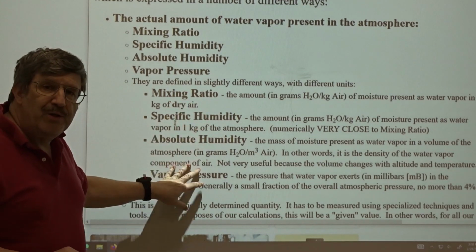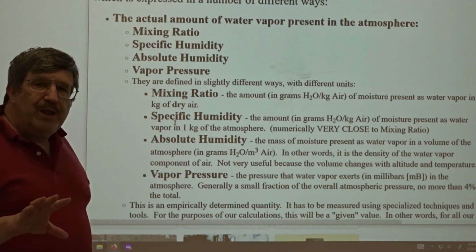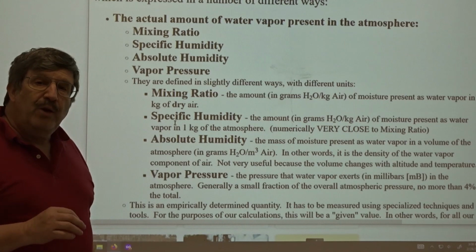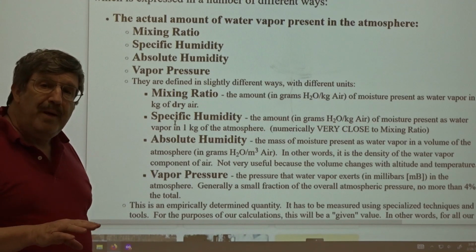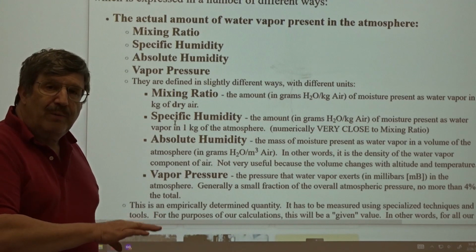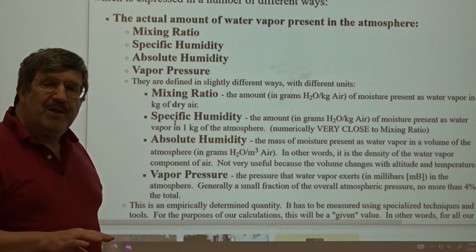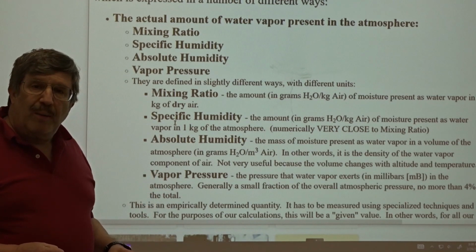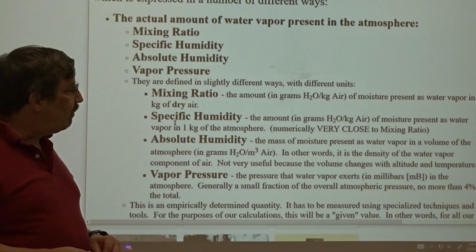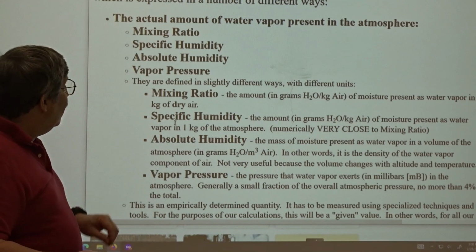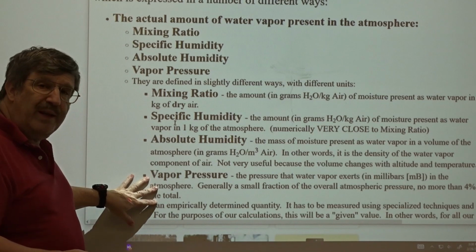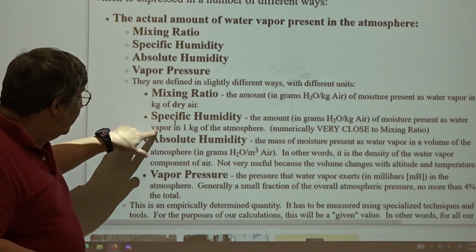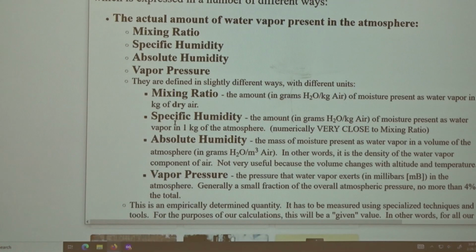This has to be measured. Generally speaking, when you're calculating relative humidity, unless you're a professional, you are not going to be asked to measure the actual amount of water vapor. That is something that will have to be given to you, presented to you in a problem. If you're asked to calculate relative humidity, you're going to be given one of these values. And again, we're going to be using the specific humidity.